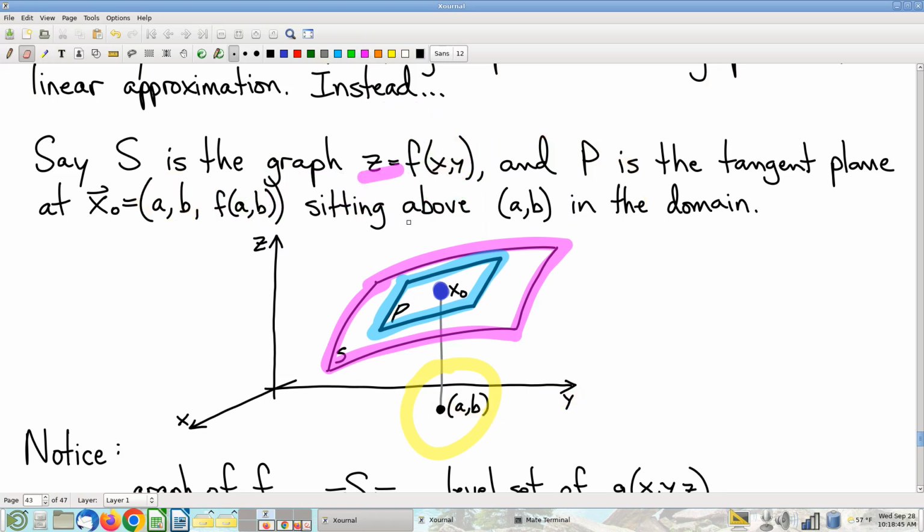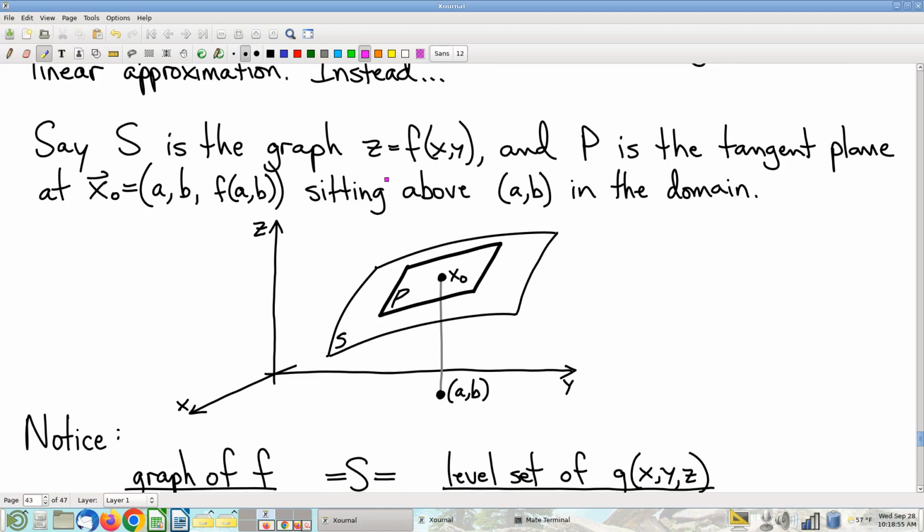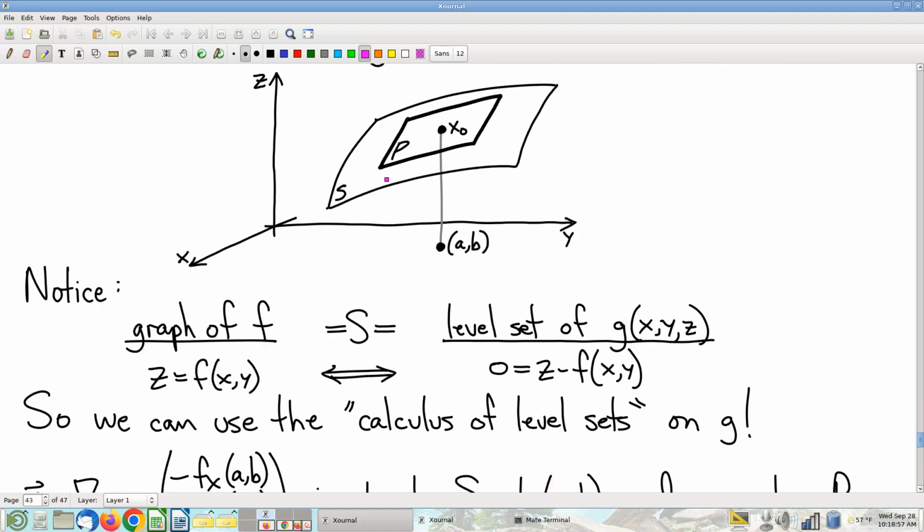All right. So this being our setup, how are we going to use the calculus of level sets? This isn't a level set as written. Well, so write it differently. I've done this move before. Here, we have an algebraic expression representing the graph of the function f, because I'm setting the values of the function equal to a variable.